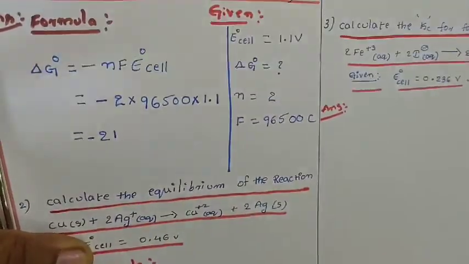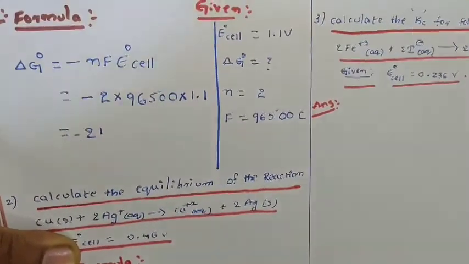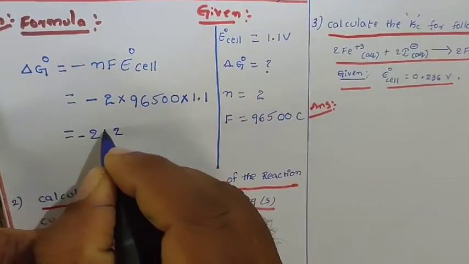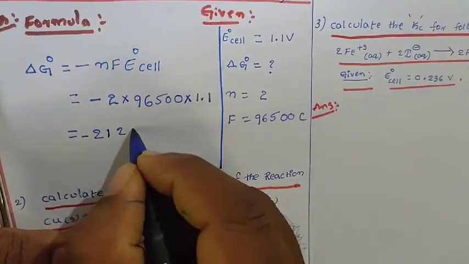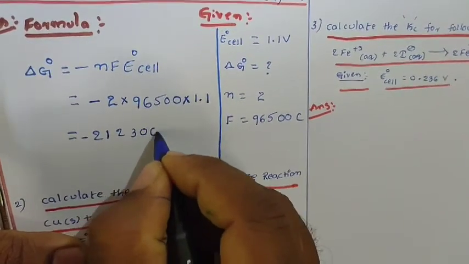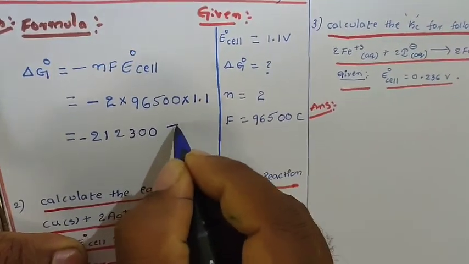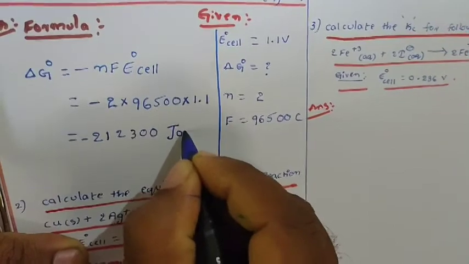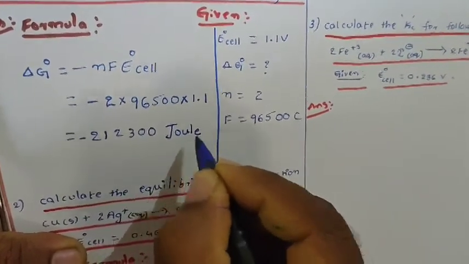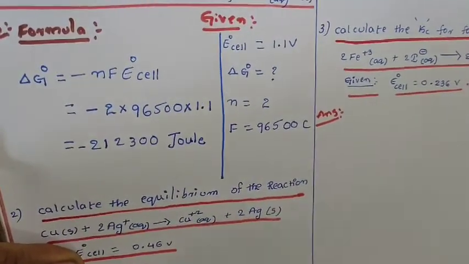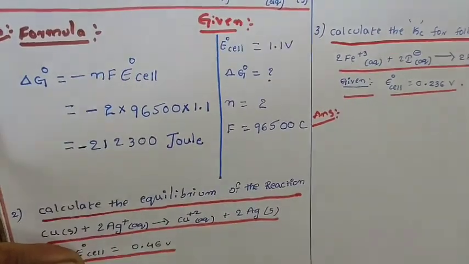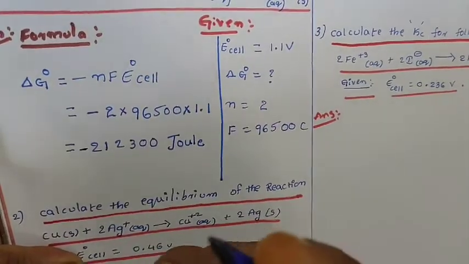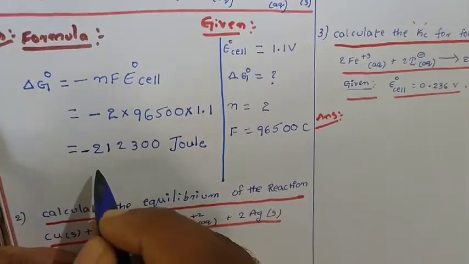Then the value is minus 212300 joules. We get it in the form of joules. If you want to convert this value into kilojoules, then divide by 1000.